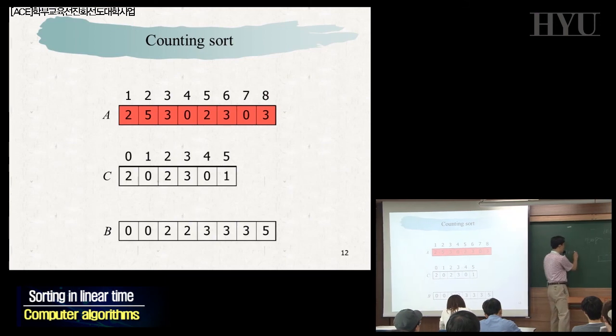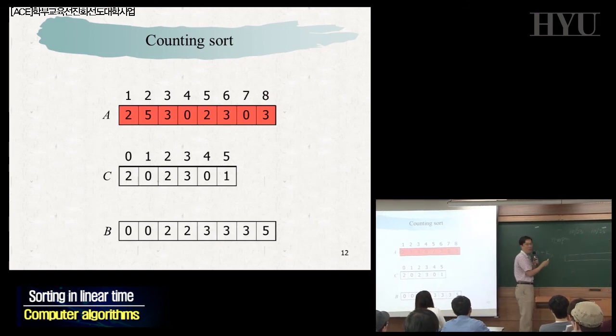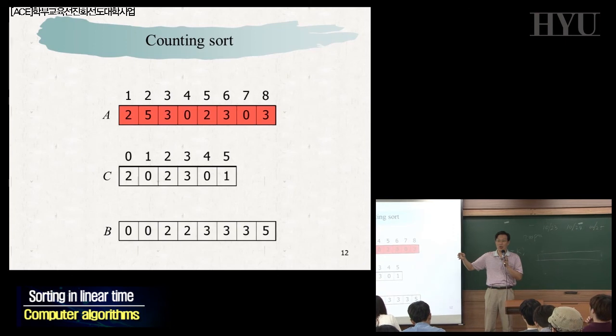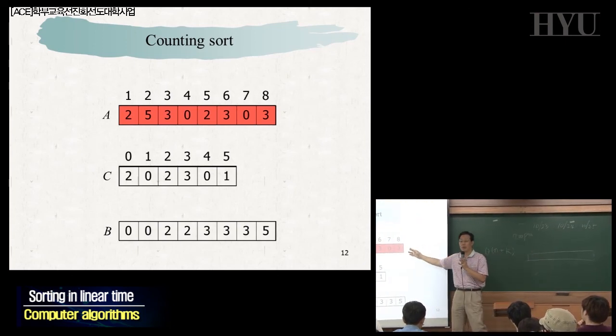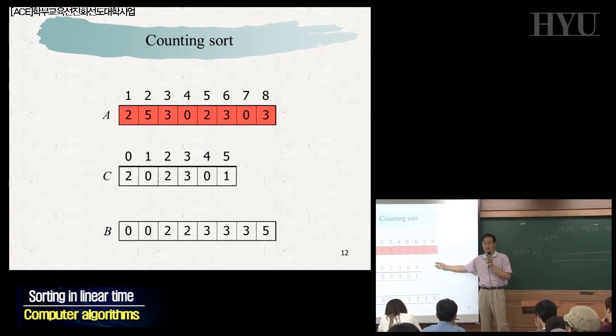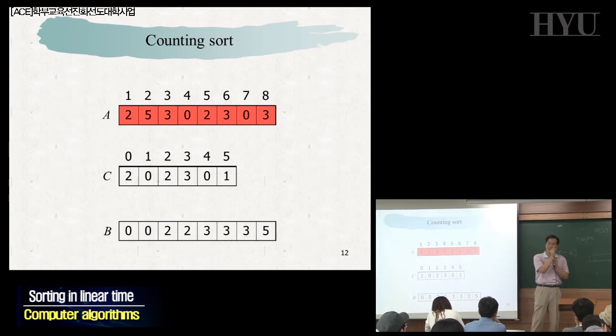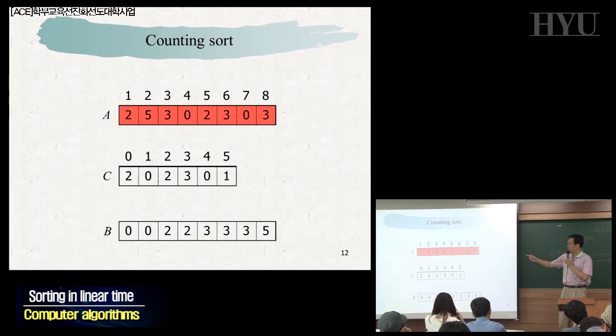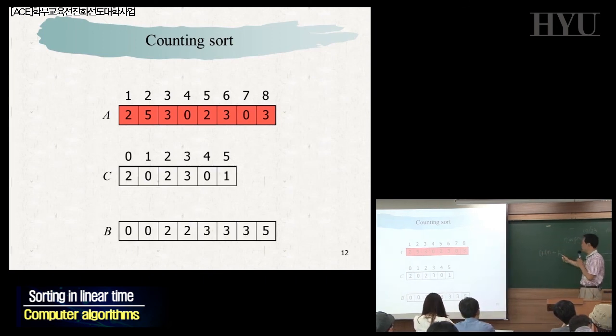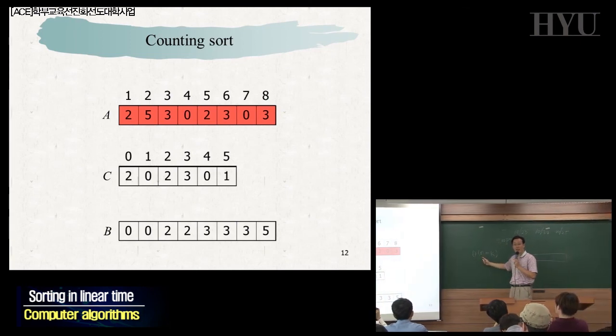So usually we denote it by k. K is the range of numbers in the input array: the maximum element minus the smallest element. In this case, this range is smaller than n. So we can say it is theta of n.